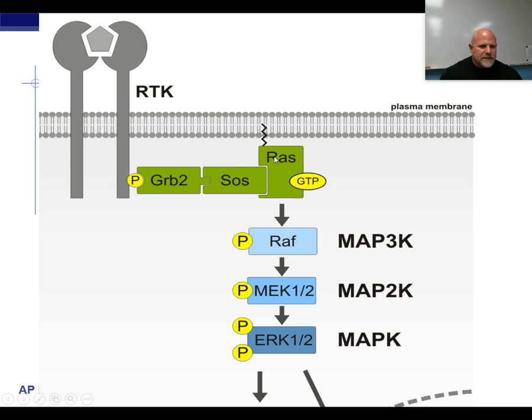So we have SOS and RAS and RAF and MAC and ERK. And a mutation in any one of these enzymes to put it into its phosphorylated stage permanently will cause this chain to permanently turn on. In other words, the cell's nucleus will constantly get a signal that it's time to divide.